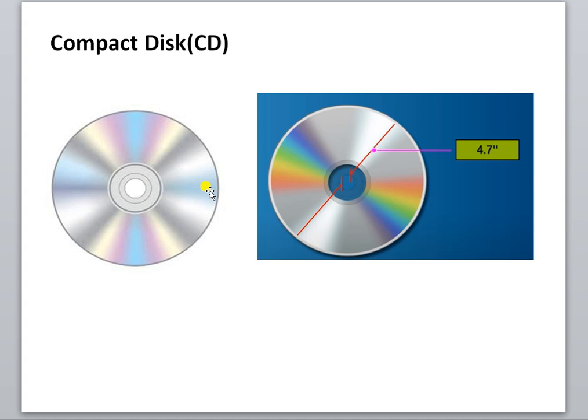Floppy disk capacity is 2.88 megabyte and CD's capacity is 700 megabytes, and its diameter is 4.7 inches. You can see this is the diameter, and you can store text, sounds, images, videos in this CD. CD's capacity is more than floppy disk.